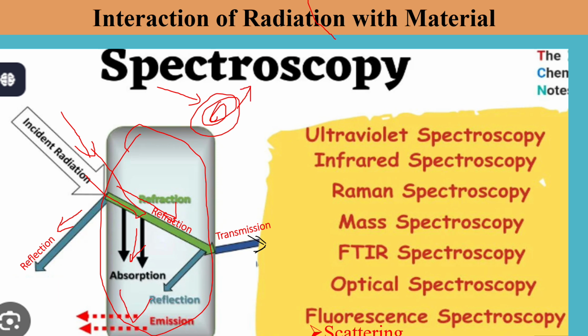Based on the nature of the phenomena, spectroscopy is categorized into different types: ultraviolet spectroscopy, infrared spectroscopy, Raman spectroscopy, mass spectroscopy, FTIR spectroscopy, optical spectroscopy, fluorescence spectroscopy, or scattering spectroscopy.